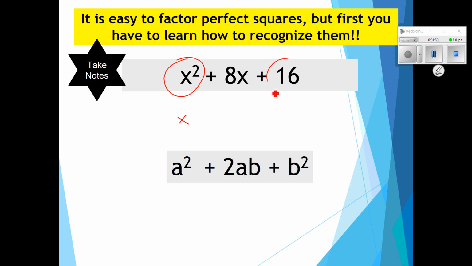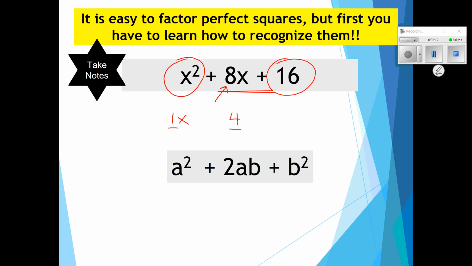Then we're going to look at the c term and ask ourselves, is it a perfect square? We can take the square root of 16, which is 4, so we're going to write it down. Now we're going to check to see if it is a perfect square trinomial. To do that, we take the 4, multiply it times the invisible 1, and double it. So 4 times 1 is 4, doubled is 8.